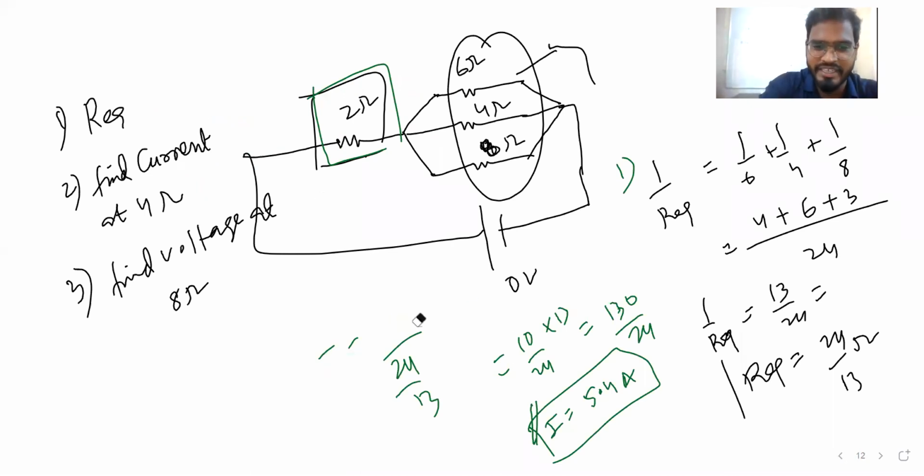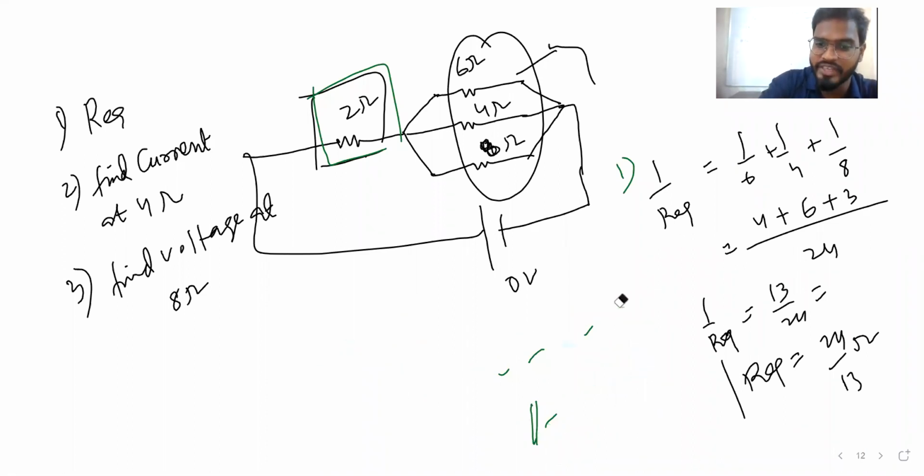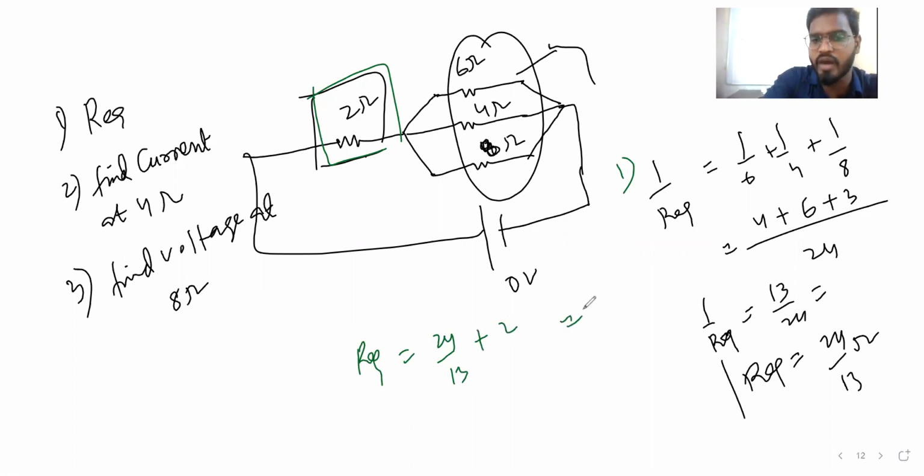We did a mistake with R equivalent. See, R equivalent is not only what we found for the parallel part. We haven't used this 2 ohm, and that also we'll have to use. So total R equivalent is 24 by 13 plus 2, which is 26 plus 24 by 13, so 50 by 13.